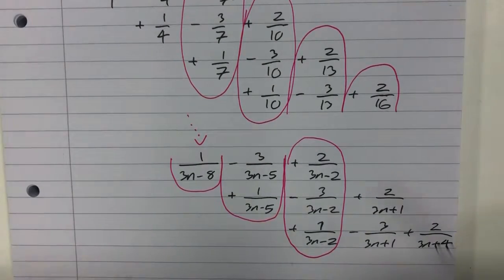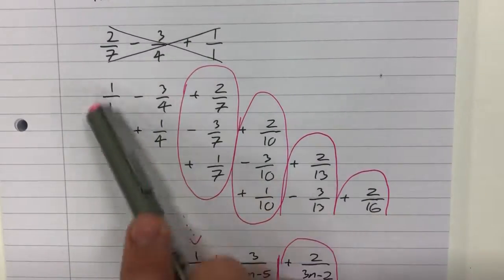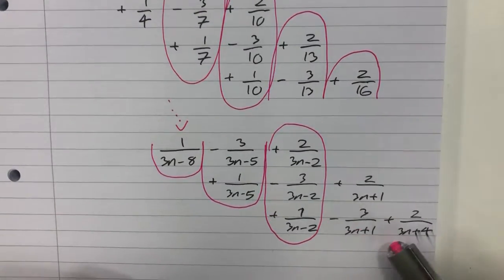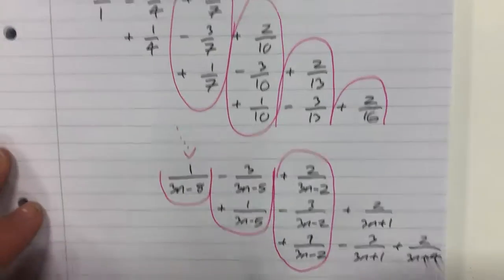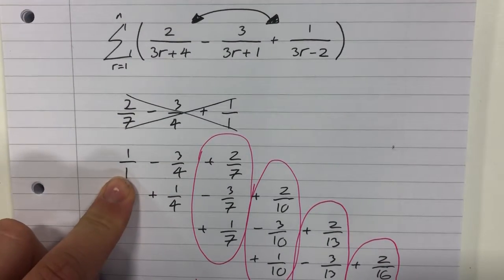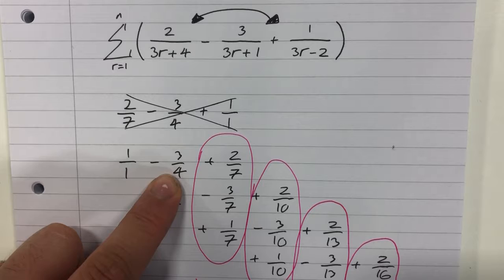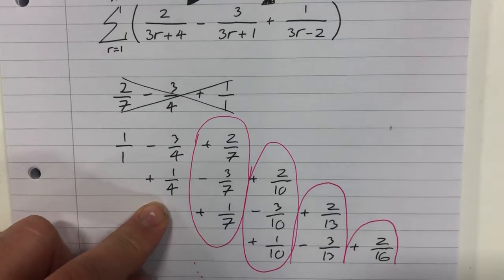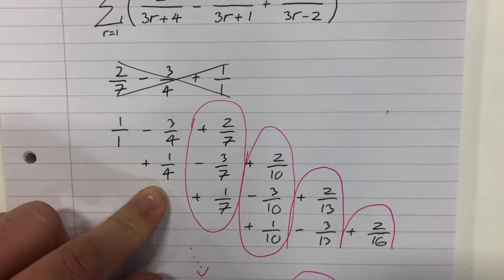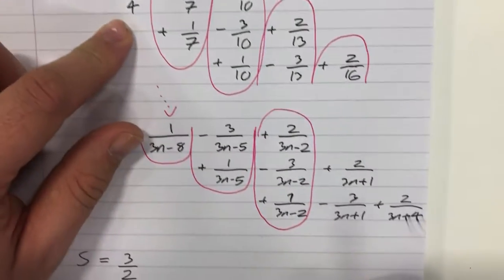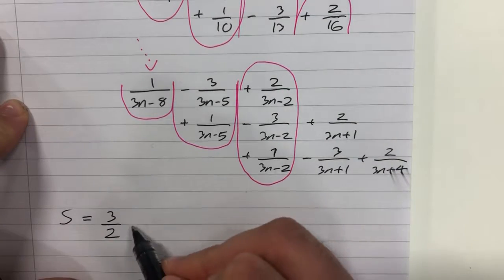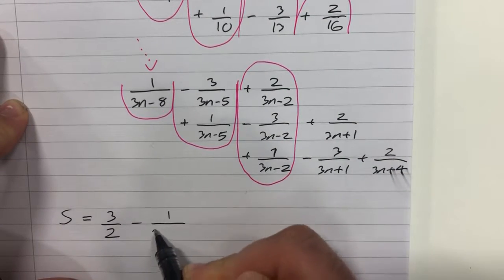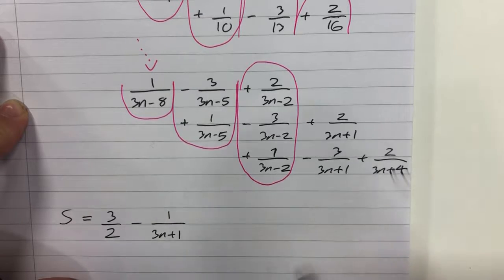So we're left with these 3 terms at the beginning of the series and these 3 terms at the end of the series. So the series is going to be equal to 1 plus 1/4 minus 3/4 is 3/2. And then 2 of those minus 3 of those is minus 1 of those. And then that one there.